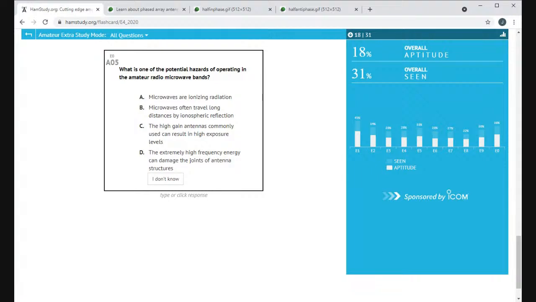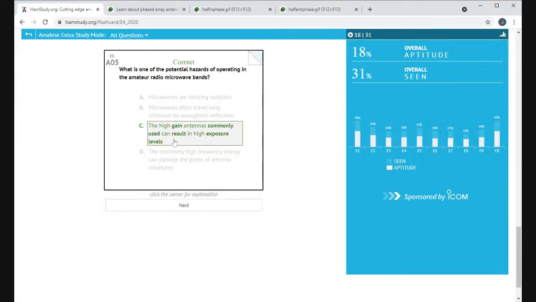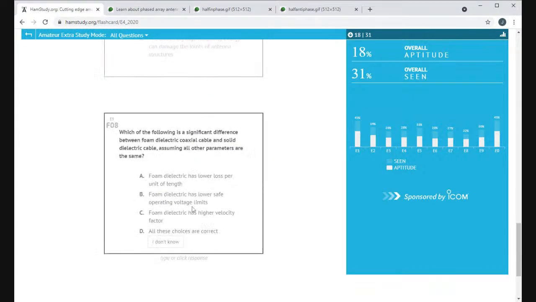D. Extremely high frequency energy can damage joints of the antenna structures. I'm going to go with C. The high gain antennas commonly used can result in high exposure levels, and that is correct.